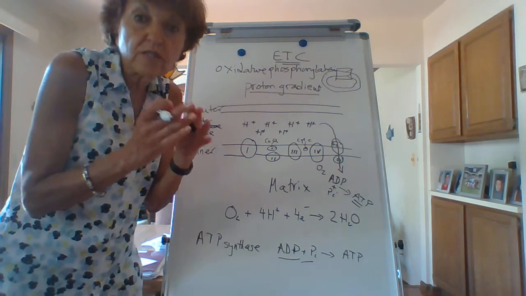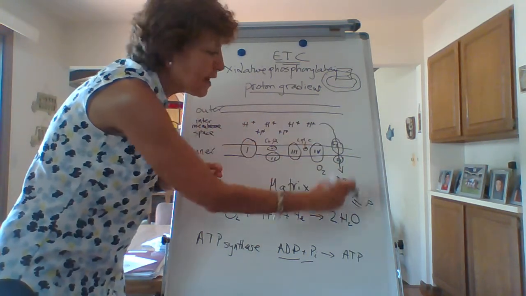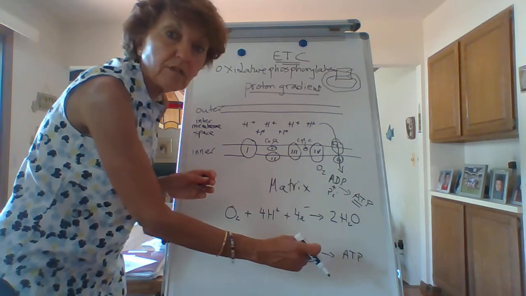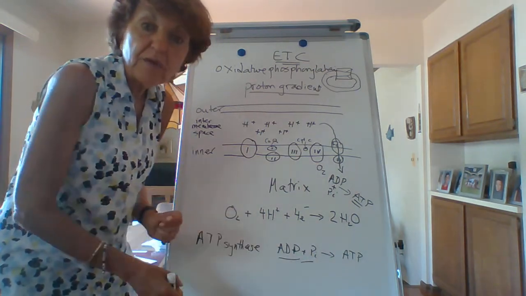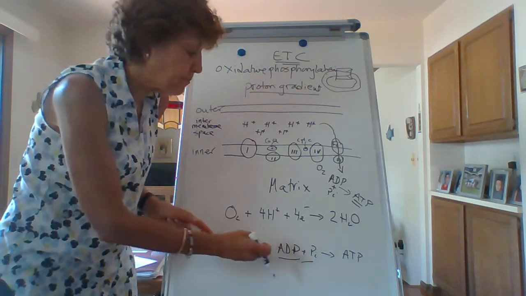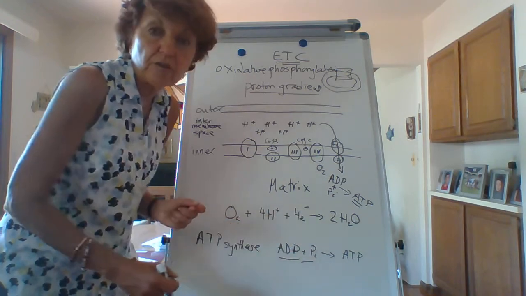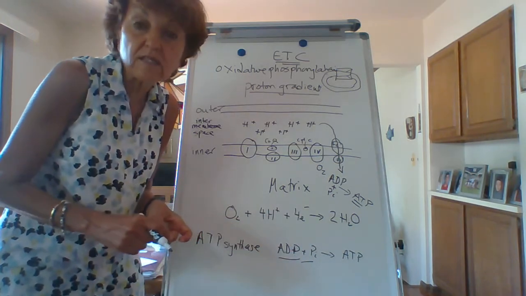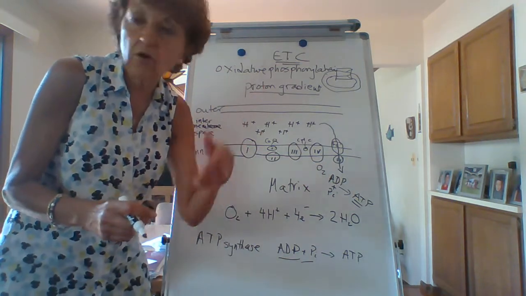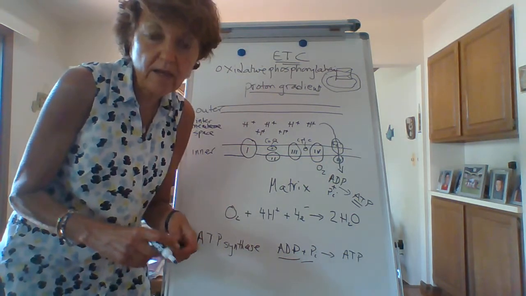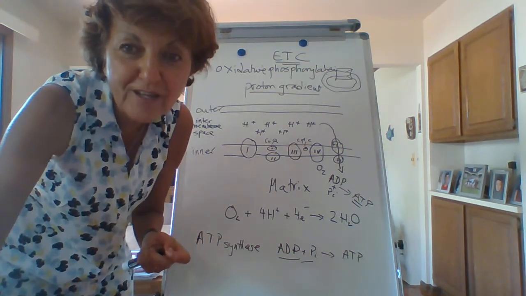Once it reached a certain level, this F0, F1 protein opened up, allowed all the protons to flow back into the matrix. All that energy was captured. ATP synthase enzyme catalyzed the reaction of adding a high energy phosphate onto ADP. Why is it called oxidative phosphorylation? Because you have to have oxygen for all of this to occur. Okay? All right. We will finish up the story in the next video.